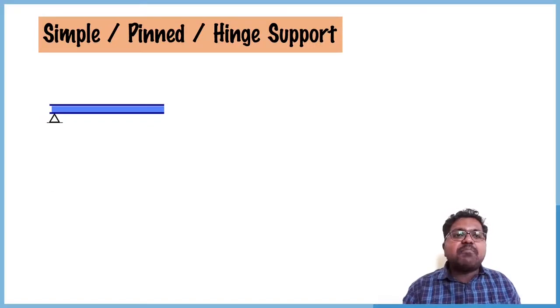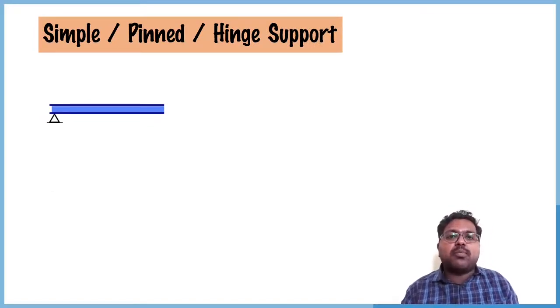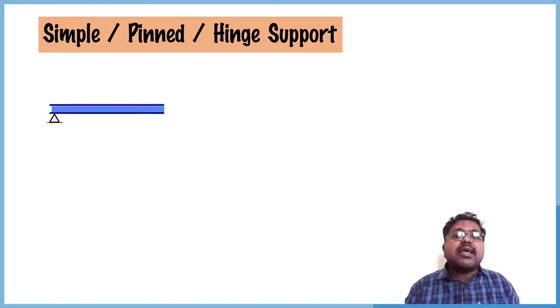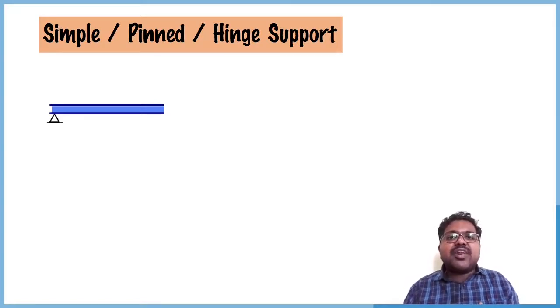Then the next one is simple support or pinned support, which is sometimes called hinged support. Here, we are restricting both translations at the support. At the support, both translations in the x and y directions in 2D are restricted, and rotation is left free, which means both translations are fixed at that support and the member is free to rotate at that support point.